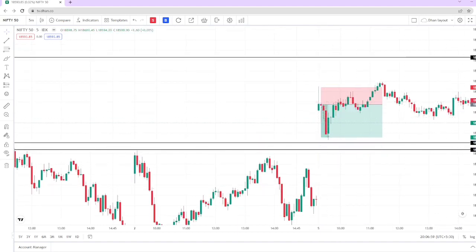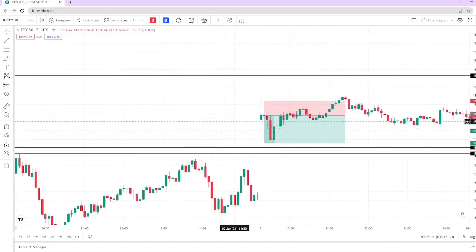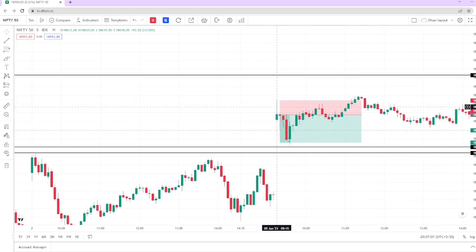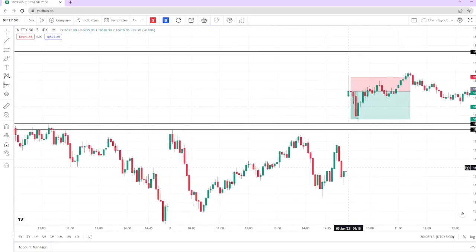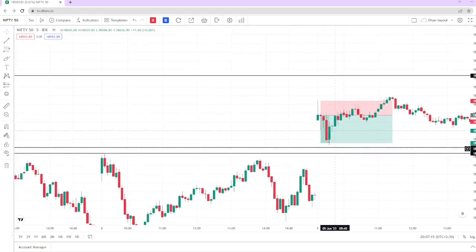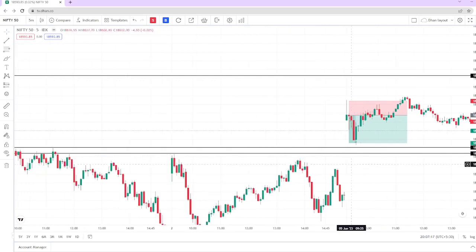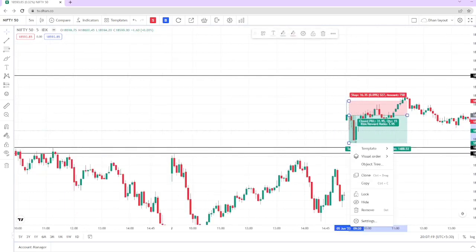It would have been a risky, aggressive trade. The logic of this scalping trade in the morning would be that the price has received major aggressive selling from the upside in the first 5 minutes, and this selling can continue. The profit booking in the market can continue, and our exit would have been just above the support level here.